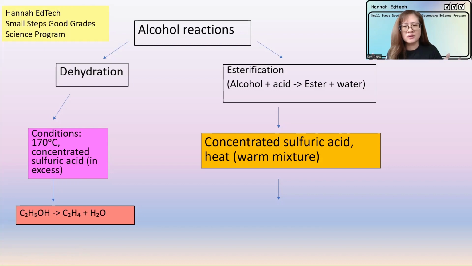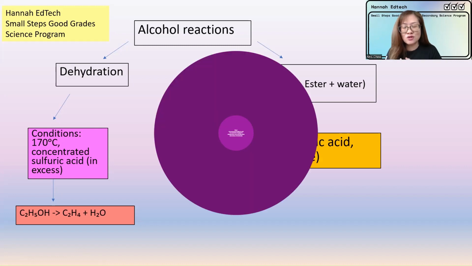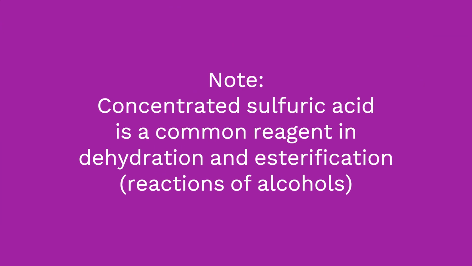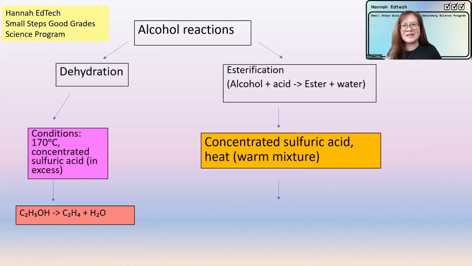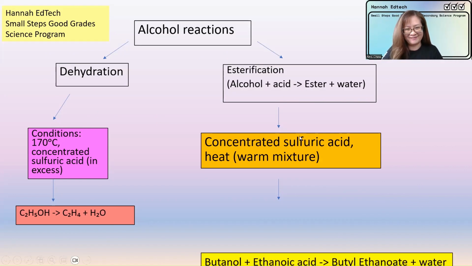So it's a good reminder to tell you, oh, for reactions of alcohol, the common condition reagent is concentrated sulfuric acid. We only use dilute sulfuric acid to acidify our oxidizing agent, all right?